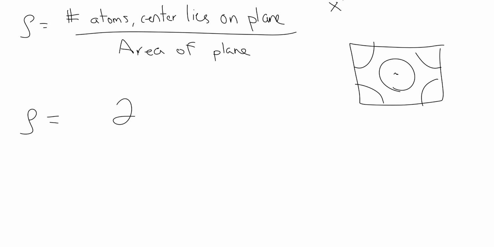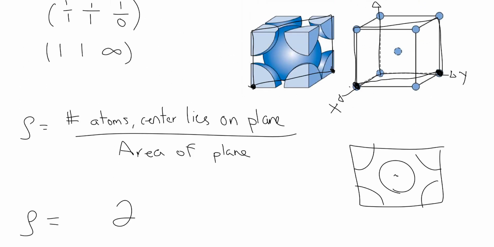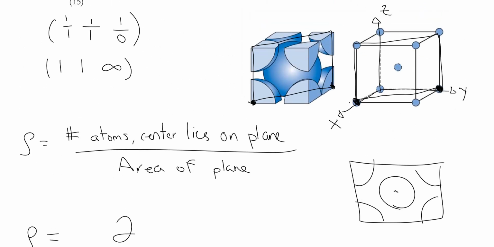Now let's determine the area of the plane. For this, let's scroll back up to the unit cell. If we take a look, this length is the lattice constant, which is represented by a. Therefore, on the 2D representation, that side is equal to a. If we take a look at the other length, we cross a face. And if we recall, a face has sides a and a.